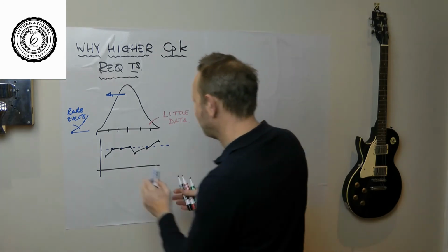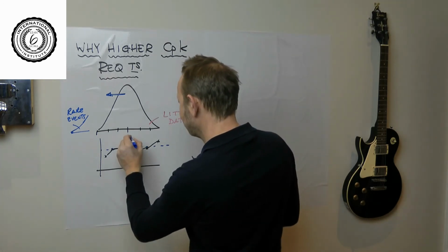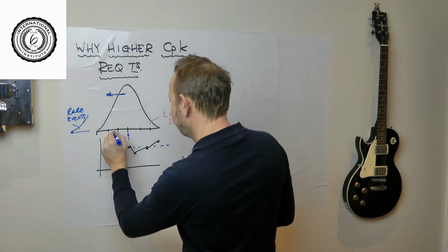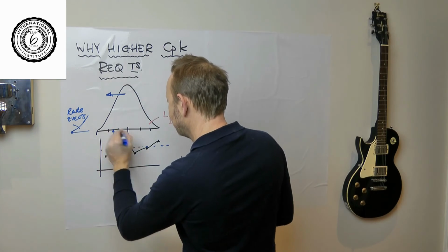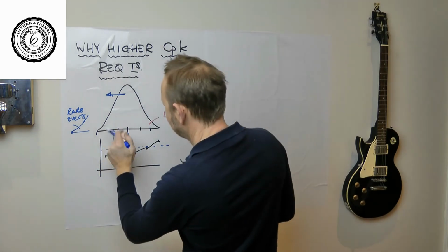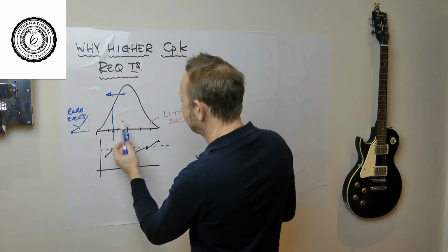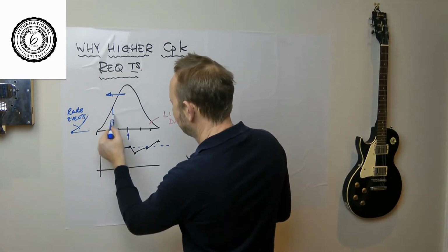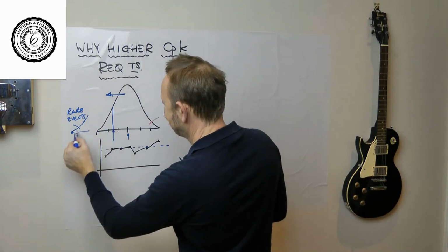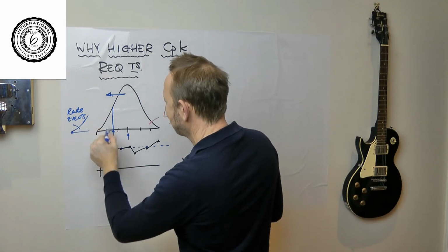So this thing would have to move off the center here, and it would have to move to this point here. So in other words, all of this is going to move to here, and all of this data here is going to be sitting out at the tail.